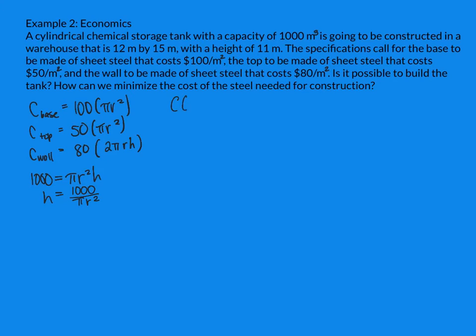So our cost function in terms of the radius will be the sum of those three pieces. So 150 pi r squared plus 160 pi r times our height.